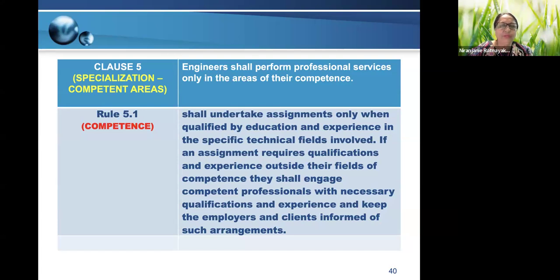But if I have to do it, I will get someone. Even when I was in the professional review, if there's a structural report that is submitted, I will not do it myself. I will get a structural engineer to check the design report, right?